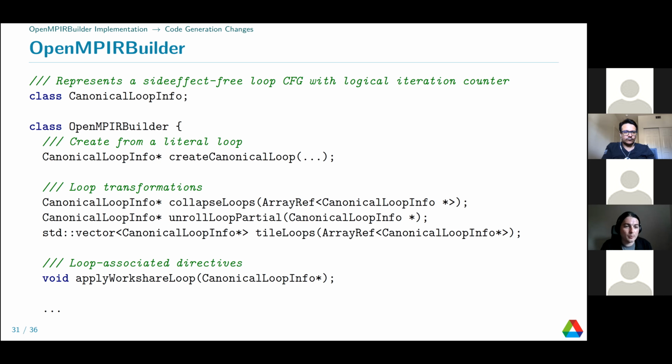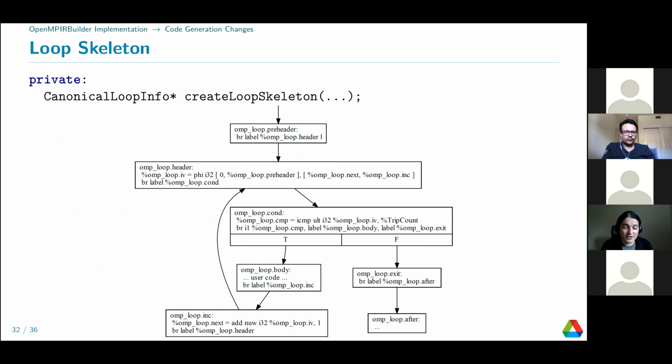We have in the OpenMPIRBuilder itself functions to create such loops as a CanonicalLoopInfo, which we can pass to functions or methods that take this CanonicalLoopInfo as an argument and either transform it, or maybe not return another canonical loop but implement a workshare loop, for instance.